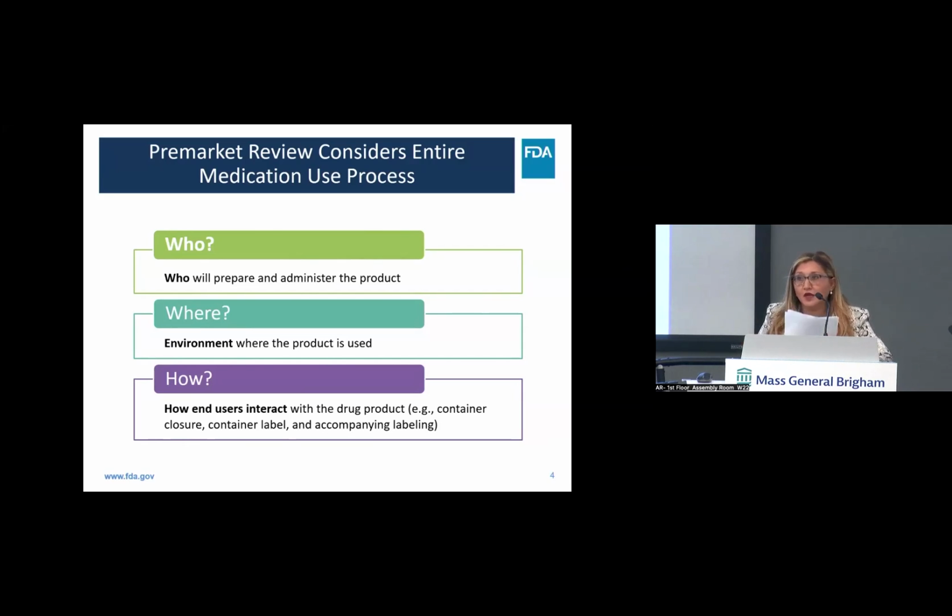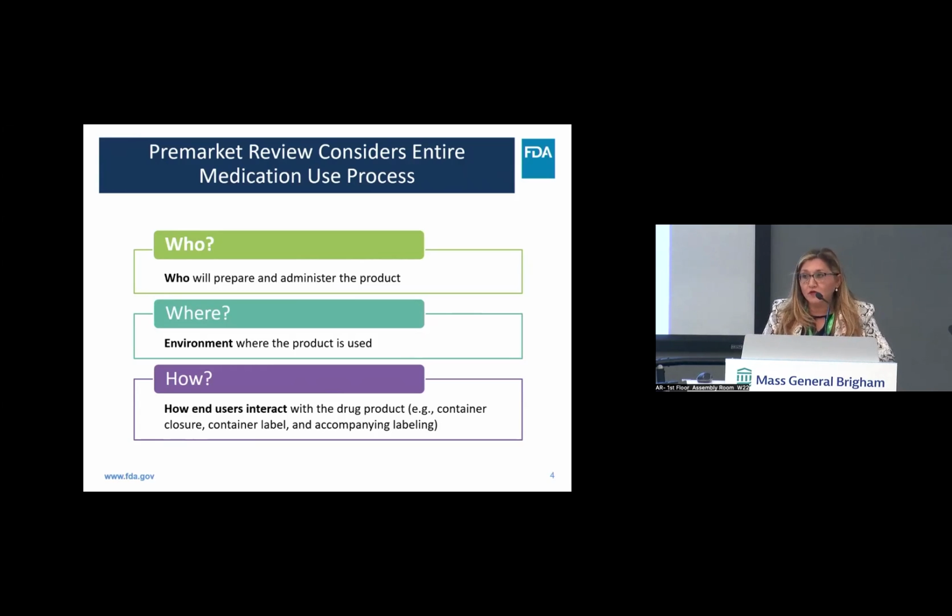So medication error can happen in any stage of the medication use process. And obviously, we can't predict all possible medication errors in a pre-market setting. However, by conducting the risk assessment on the product and understanding the end user perspective, that helps us to prevent medication errors in the post-market setting.